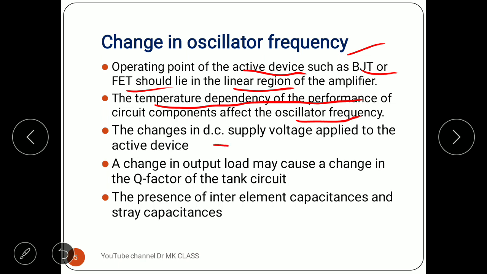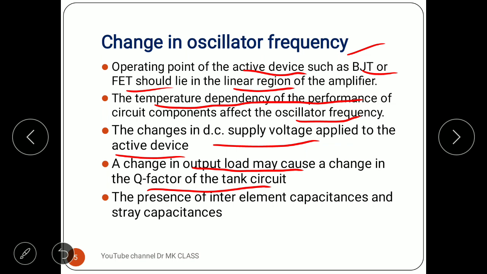Changes in the DC supply voltage also change the behavior of the active device and affect the frequency. A change in the output load also affects the Q factor of the tank circuit. Then the oscillations may change, or an unexpected frequency may come.